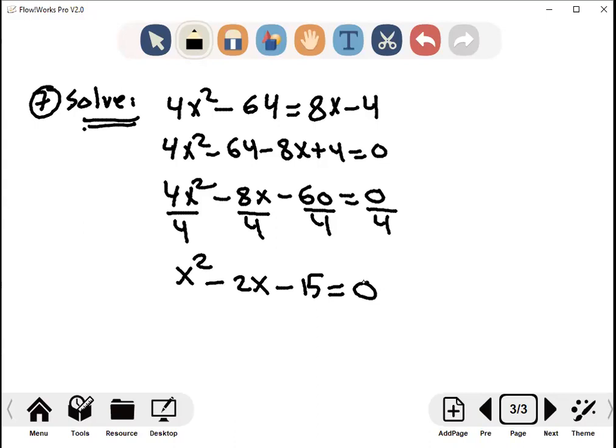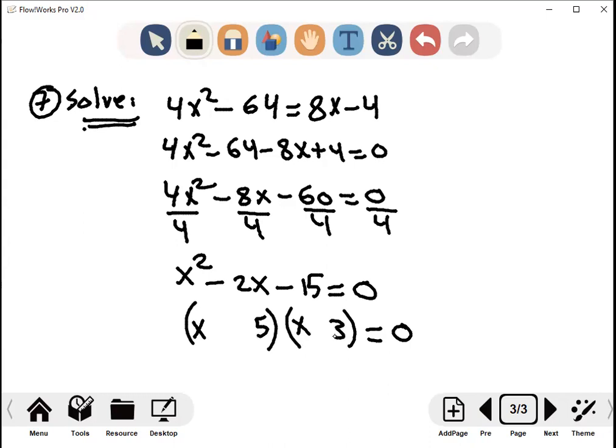Remember this form? If this is negative, we said we have different signs. So give me two numbers. If you multiply them, you get 15. If you subtract them, you get 2. 5 and 3 equal 0. x minus 5, x plus 3.